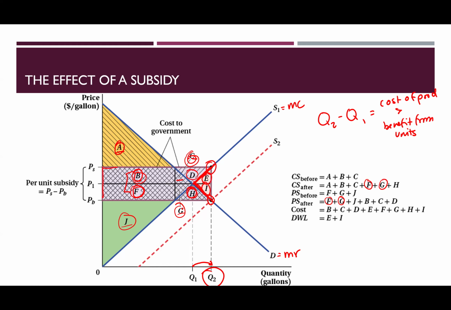It's covering all this additional output, as well as allowing for the lower price to consumers on units 0 through Q sub 1. And then the higher payment for producers over units from 0 to Q sub 1.